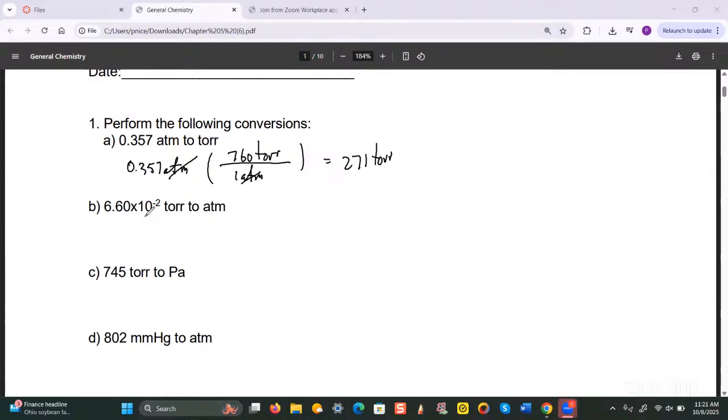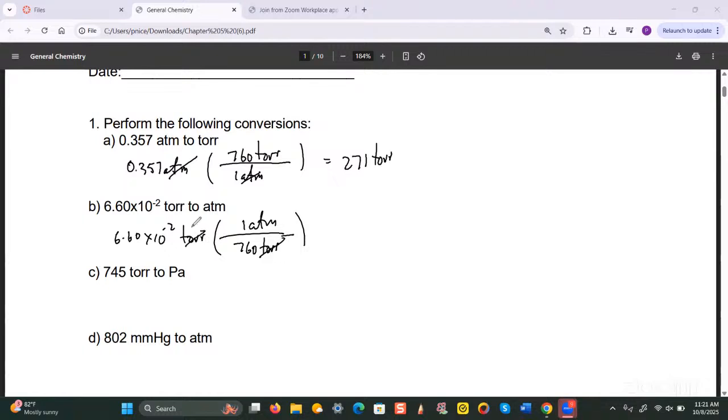Okay. Now in the case of B, it's a reverse. They gave you 6.60 times 10 to the minus 2 torr, and they wanted to convert it to atmospheres. So you're going to flip this conversion factor to get 1 atmosphere above and 760 torr below.